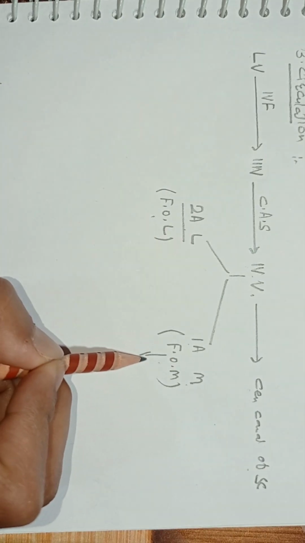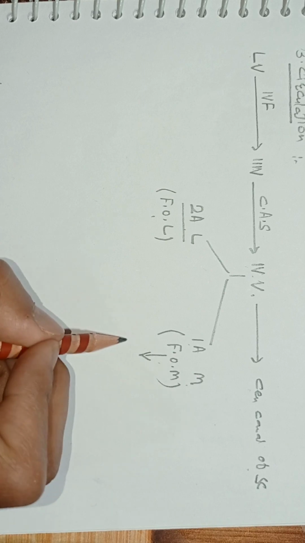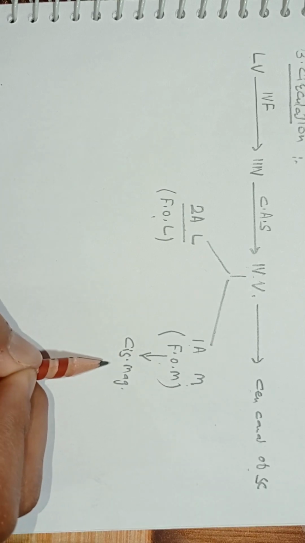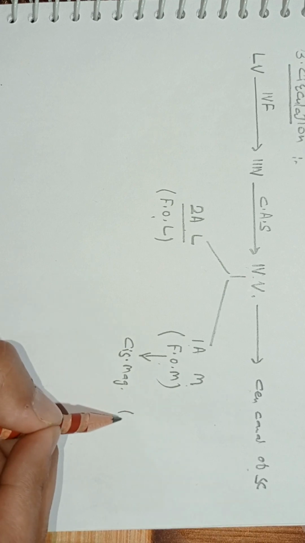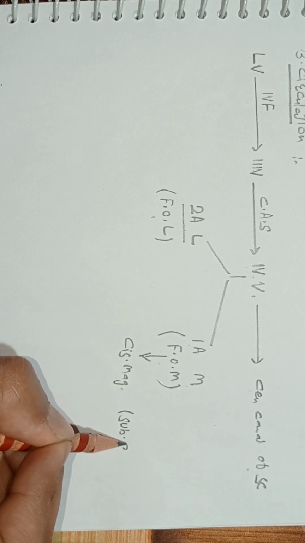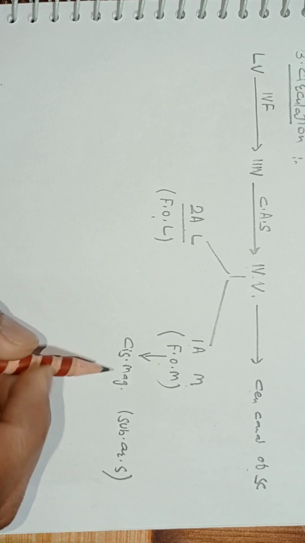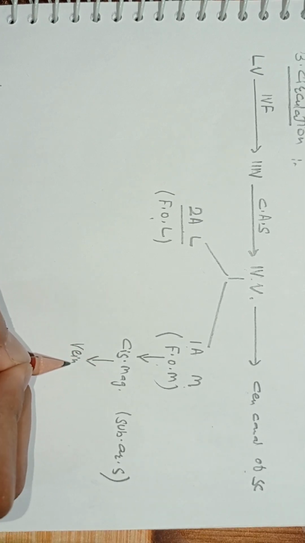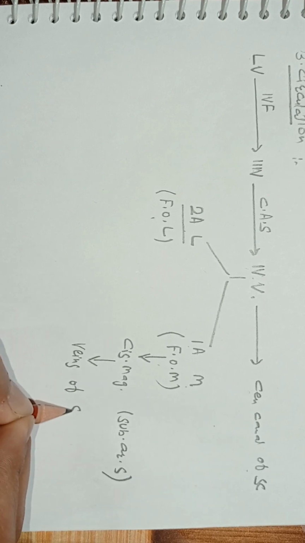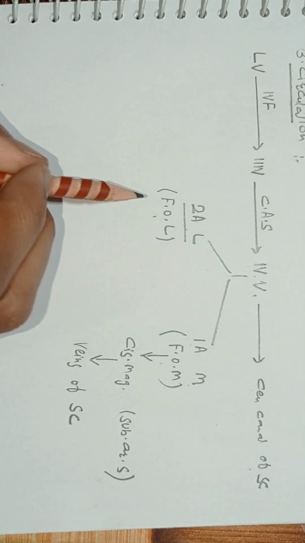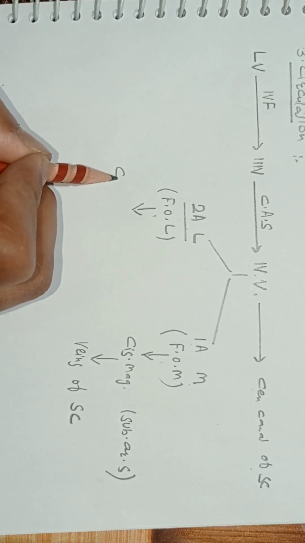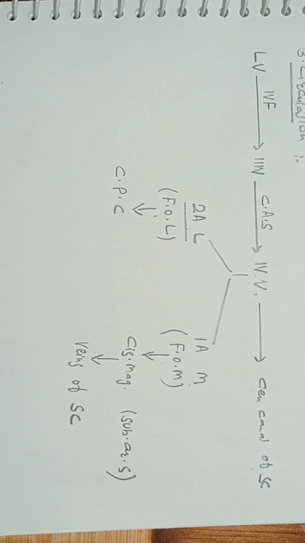From the median aperture, or the foramen of Magendie, it goes to the cisterna magna. What is the cisterna magna? It is an enlarged subarachnoid space. From the cisterna magna, it goes to the veins of spinal cord. Now from these two lateral apertures, the foramina of Luschka, CSF goes to the cerebellopontine cistern.